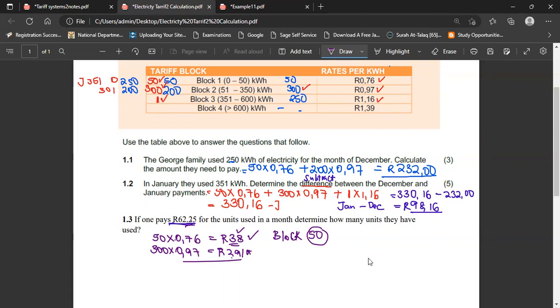How are we going to know now? So now we shall say the 62 rands that they used minus the money for block 1, 50 units, which is 38. Subtract it and remain with. So whatever remains comes from block number 2, which is 24 rands.